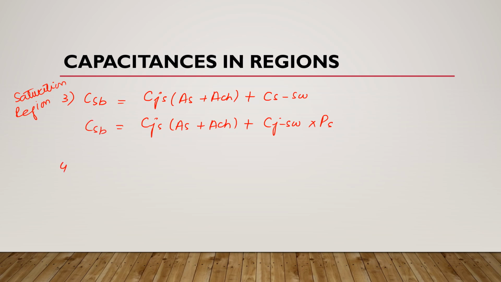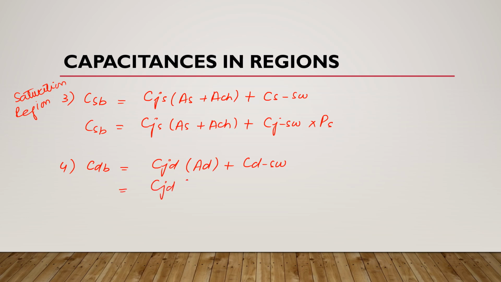Now what about drain to bulk capacitance in case of sidewall capacitance? Its formula is now written like this. It means here this drain sidewall capacitance is added.